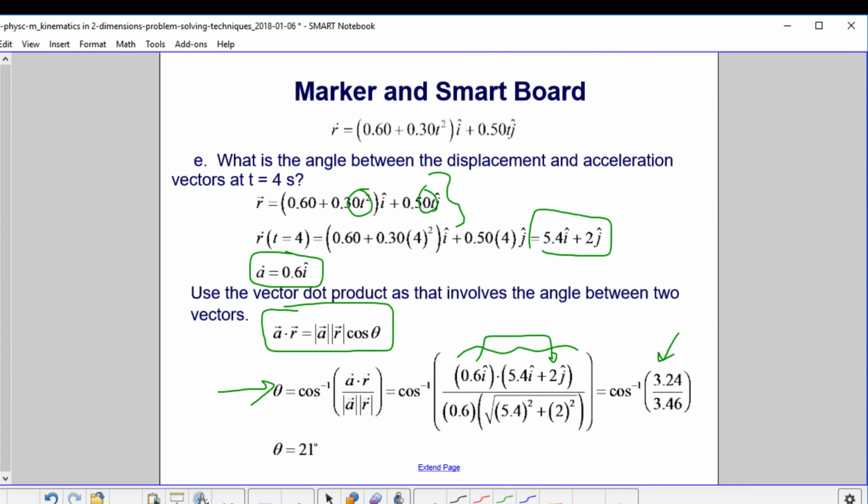Those are perpendicular vectors. Their dot product is 0. Then we do the magnitude of the two vectors on the bottom. The acceleration, of course, is just 0.6 because it's just 0.6i. And then for the position vector, we take the square root of the square of the x term and the y term, put the numbers in, and we get 21 degrees.